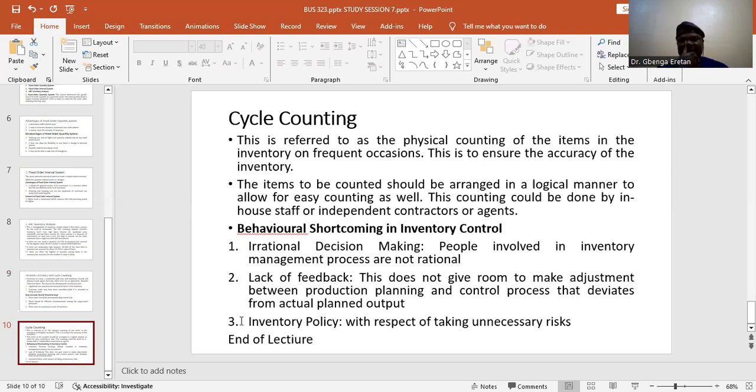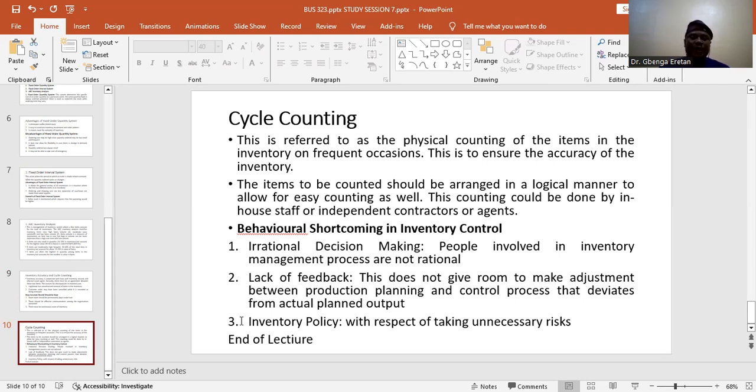And what is the essence of doing this? Physical counting or circle counting is to ensure the accuracy of the inventory. And the items to be counted should be arranged in a logical manner to allow for easy counting.